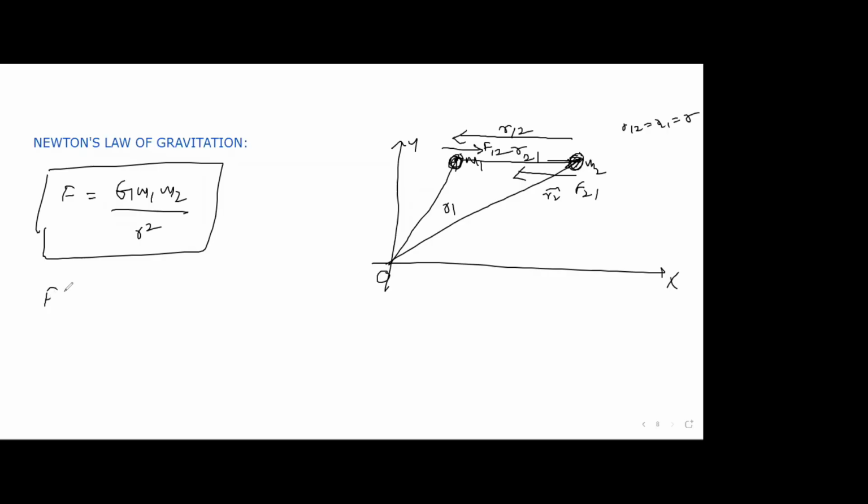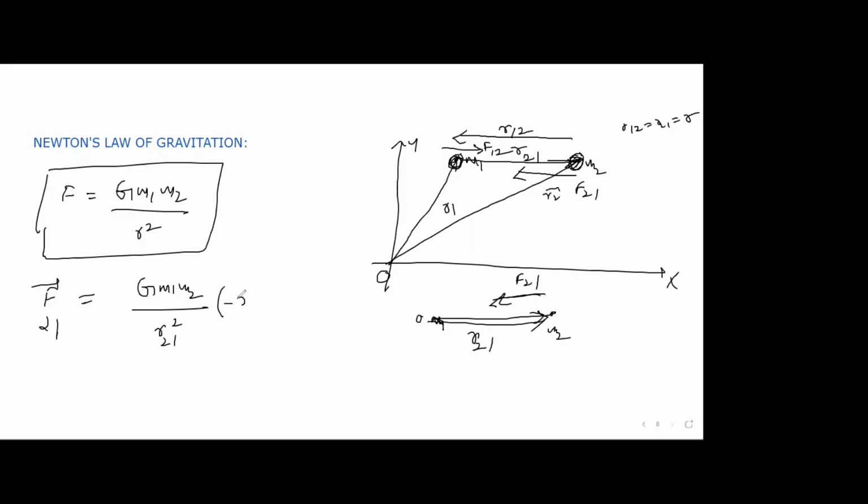So if I write in vector form, say these 2 points are there, this is m1, this is m2. If I consider the force on 2 because of 1, it is like this. The position of 2 from 1 is this one. So in vector form, this is G m1 m2 by the distance of 2 from 1, that is r21 square, and the direction is towards m1, which is opposite to r21.